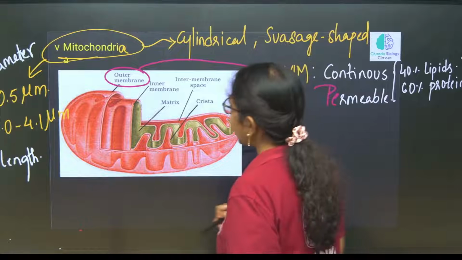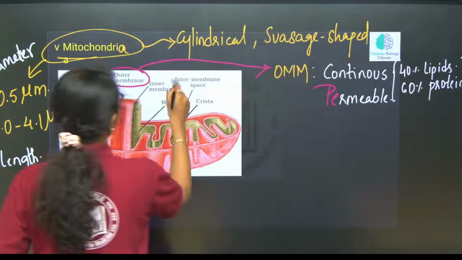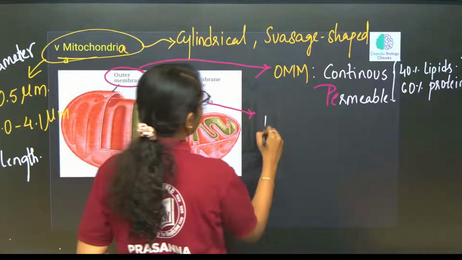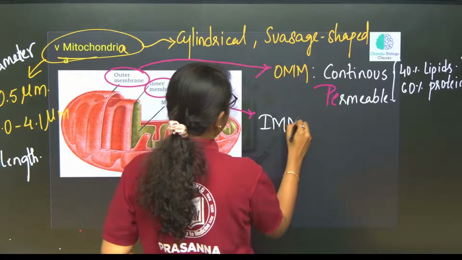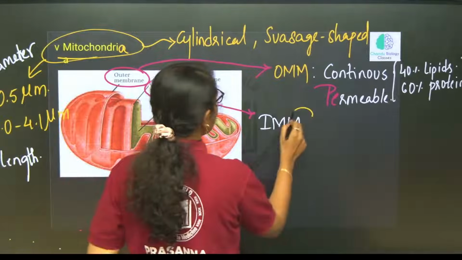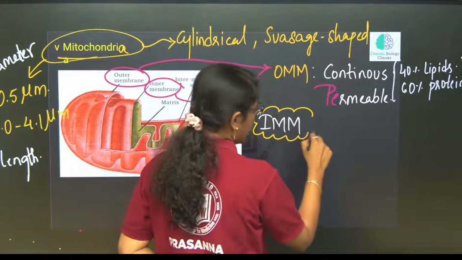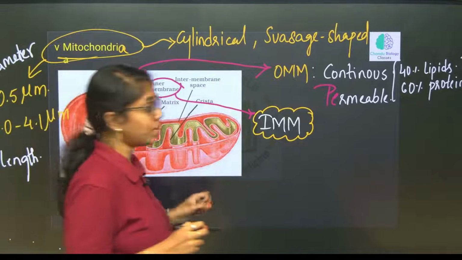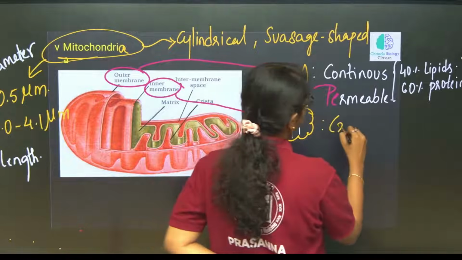Fine. And then is the inner mitochondrial membrane. The inner mitochondrial membrane is also called cristae because of its enfoldings.